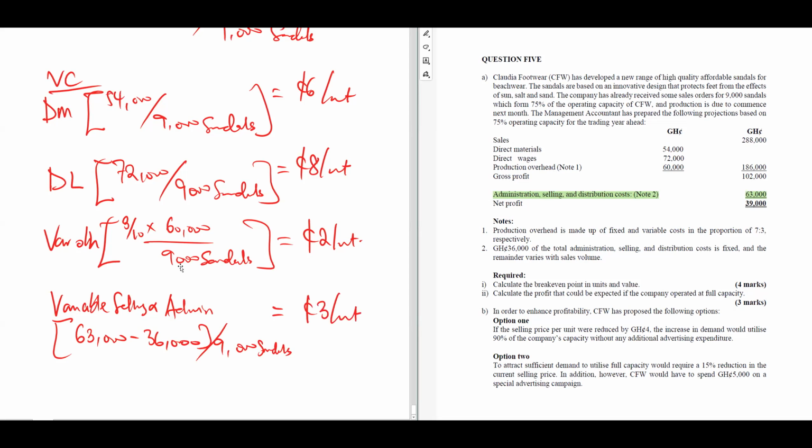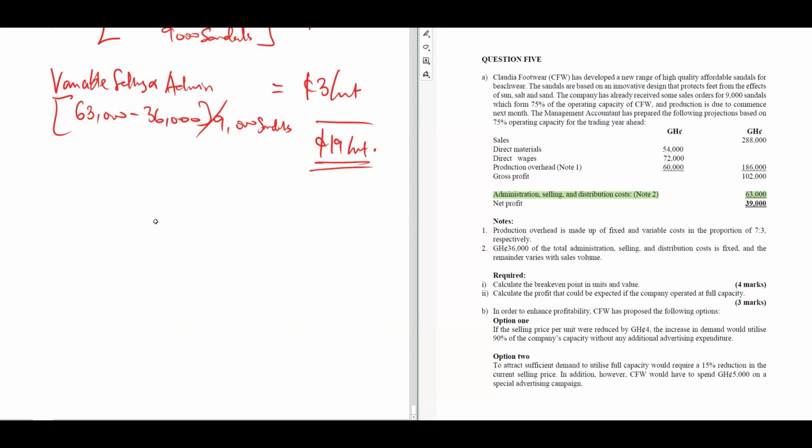So now we know our total variable cost to be how much? Let's add all up. Direct material 6 plus 8 plus 2 plus 3 gives us 19 cedis per unit. Selling price was 32 cedis per unit. So our contribution per unit, which is selling price minus variable cost, is 32 minus 19, which gives us 13 cedis per unit.